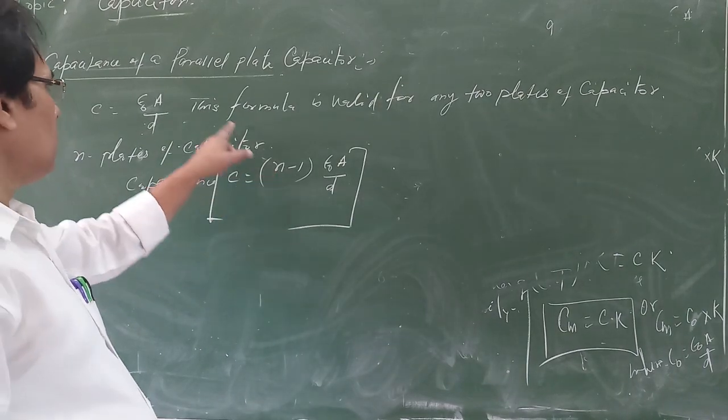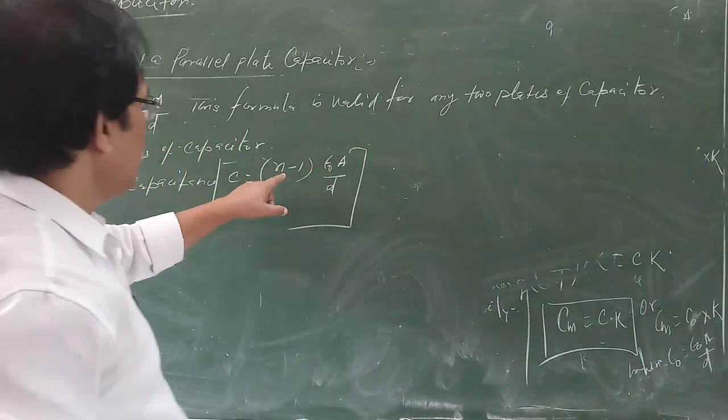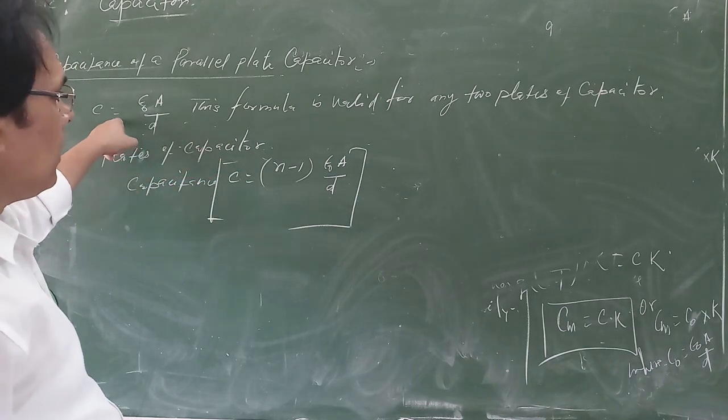For two plates, put n equals 2 and you will get the earlier formula.